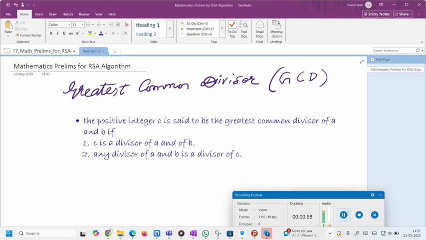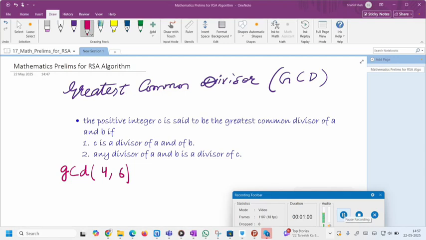Let's do one very simple example. Let's find the GCD of 4 and 6. Let's see which number divides both. 1 is obviously a number which divides any number. So let's start with 2. Of course, 4 divided by 2 is 2 and 6 divided by 2 is 3. But now we want the greatest common divisor.